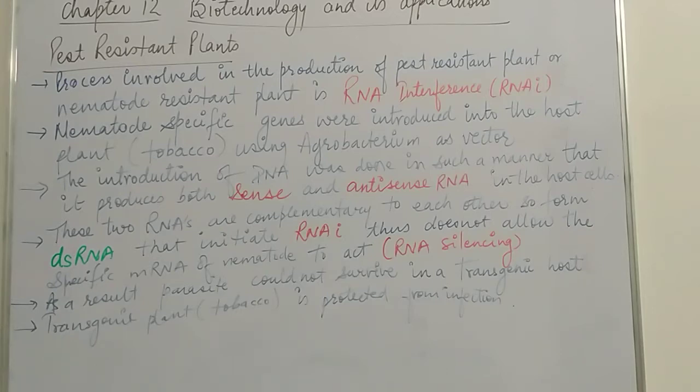These two RNAs are complementary to each other, so they form double-stranded RNA that initiates RNA interference, thus not allowing the specific messenger RNA of the nematode to act, and this is called RNA silencing. As a result, the parasite could not survive in a transgenic host, and the transgenic plant, that is tobacco, is protected from infection.